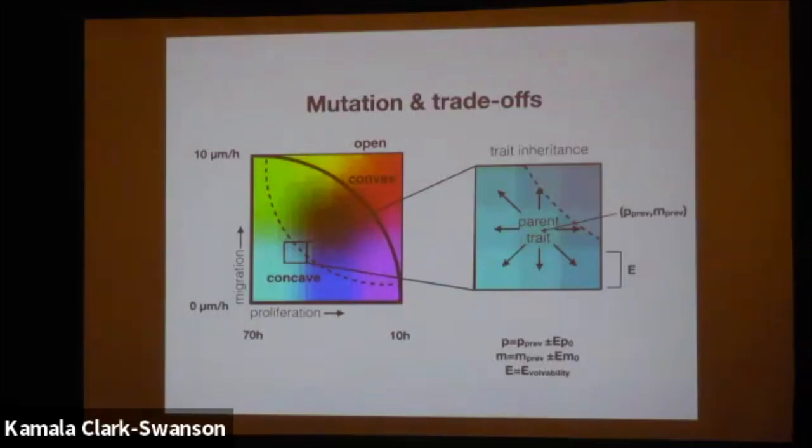If you have direct inheritance, you're going to inherit exactly what your parent had given you. Otherwise, there's a probability that you could inherit a trait that's a certain distance from where you are. And just to preempt for when I show you some trade-off stuff, if you fall over the edge, you just roll again. This is just a random sampling. So those are the assumptions that I'm making there.